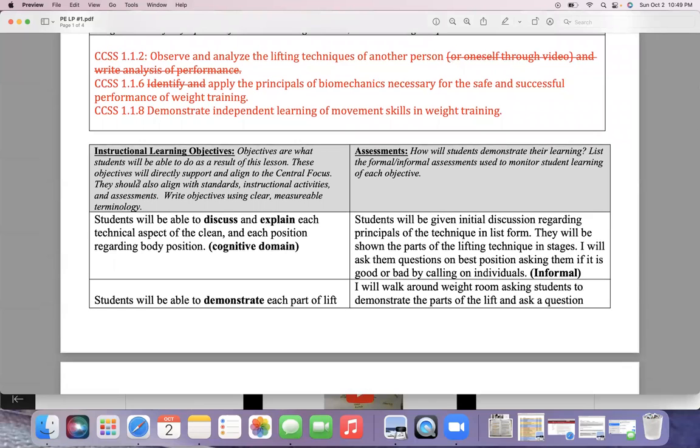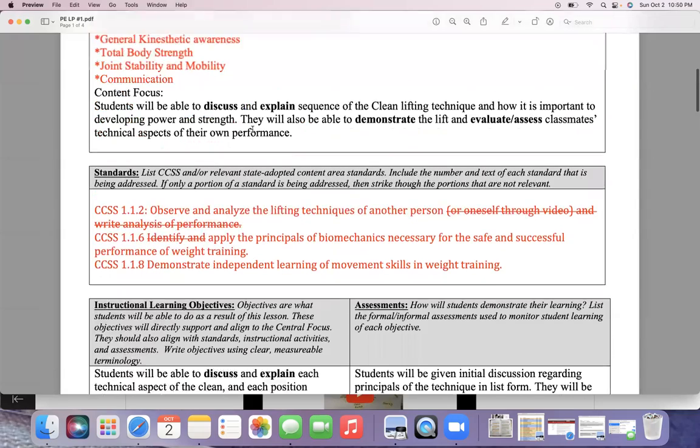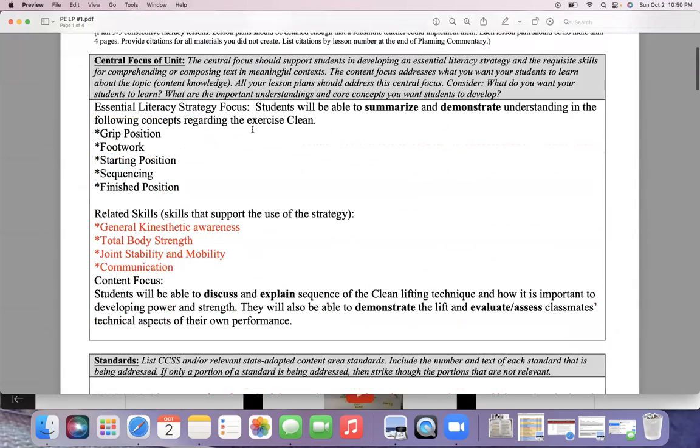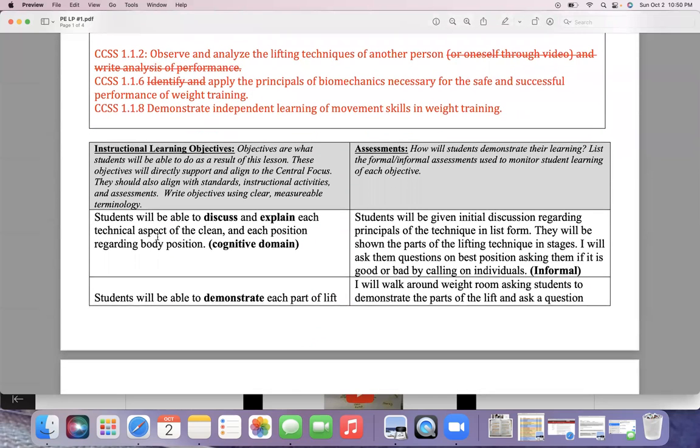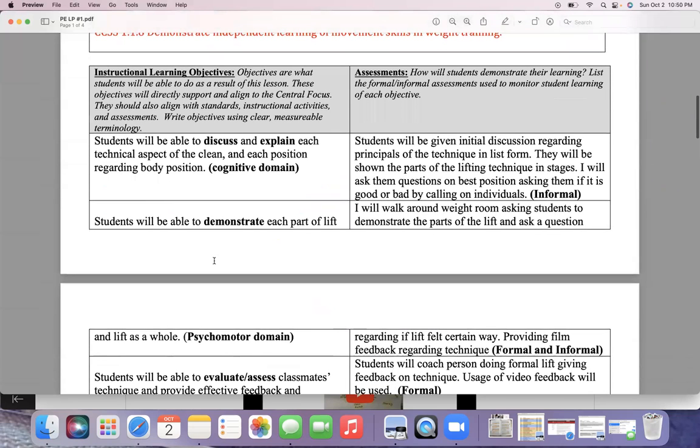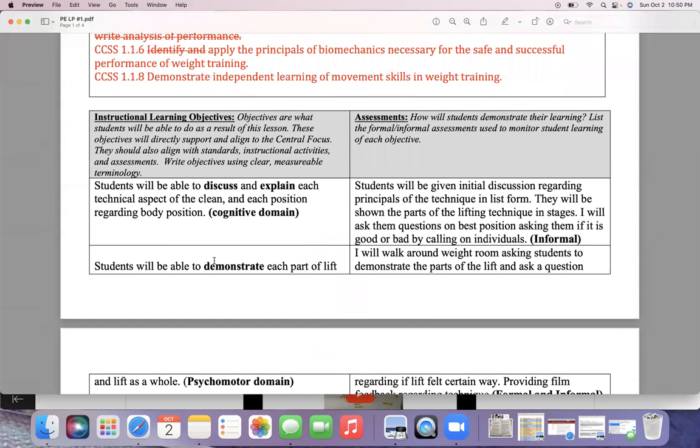Next, we have the instructional learning objectives. So basically, what the result will be of learning from this lesson and what the outcome will be. Like he kind of stated in the central focus, he wants the students to be able to discuss and explain and also demonstrate the lifts.